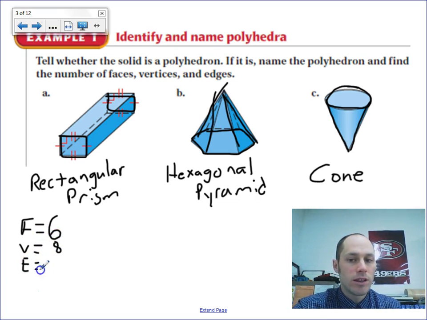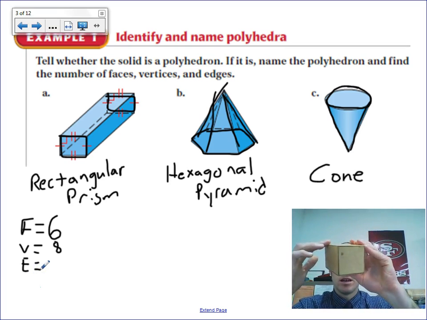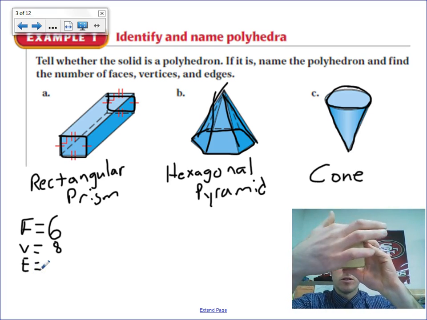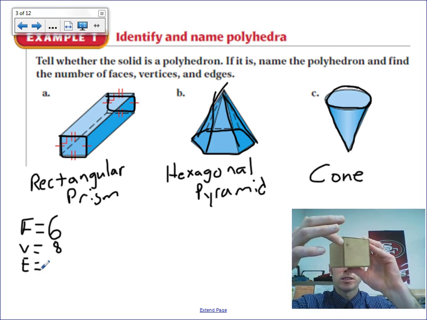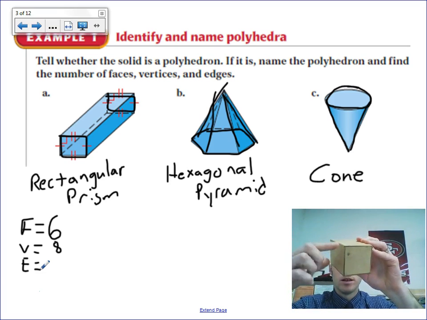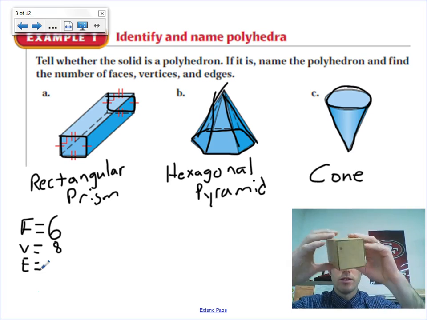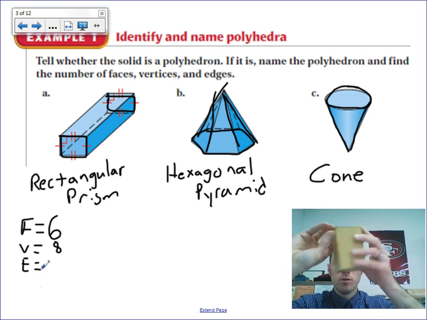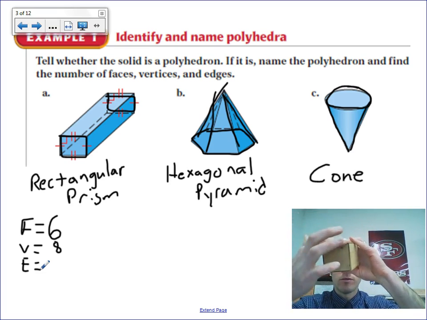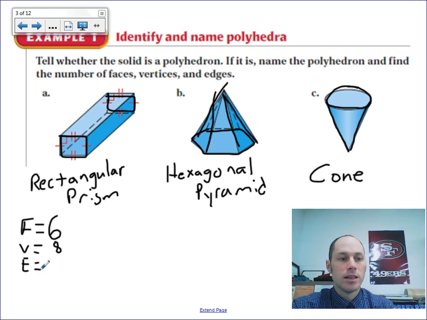And then as we take a look at the edges, look at the front here, 1, 2, 3, 4 across the front. 1, 2, 3, and 4 along the sides. And we flip it over, we've got 4 more on the back side. So a total of 12 edges there.